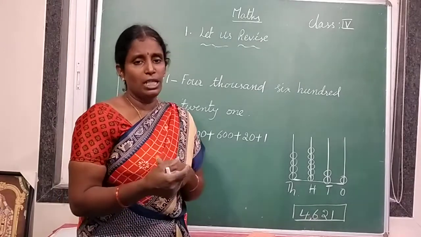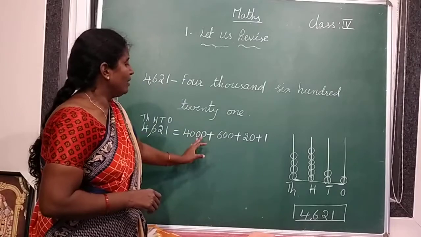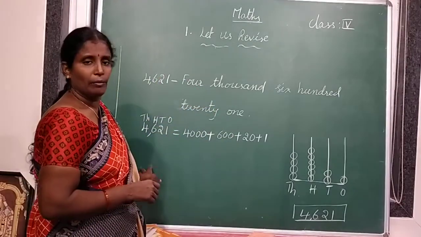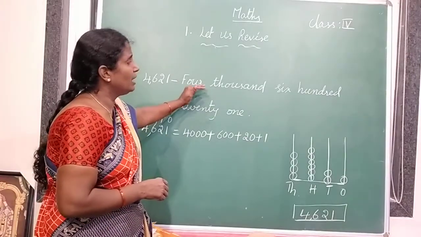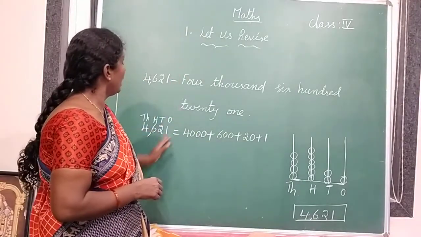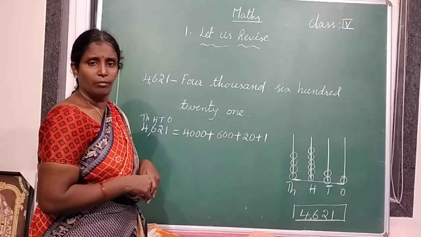And standard form also I will explain. In standard form, either I will give expanded form or number name, then you have to write the number. Understood? You have to change it into a number.